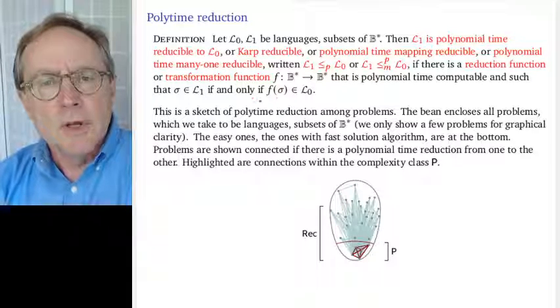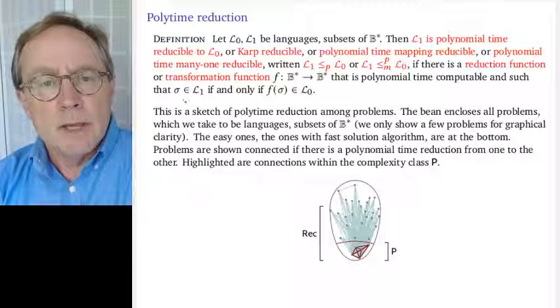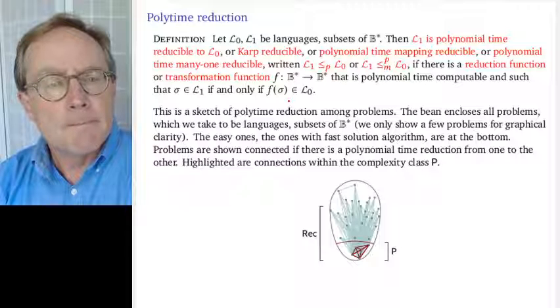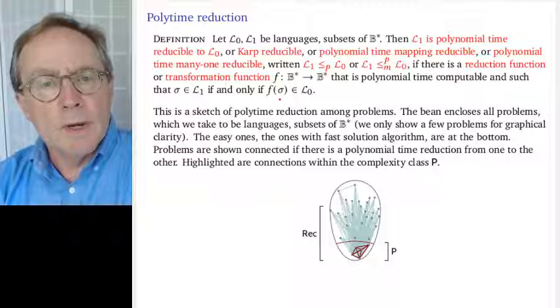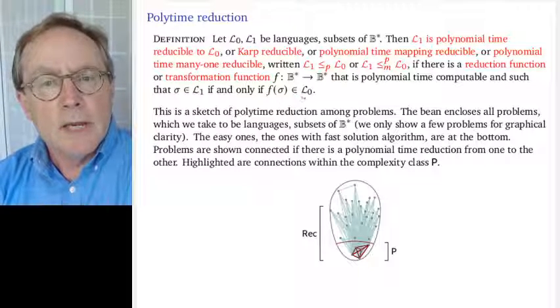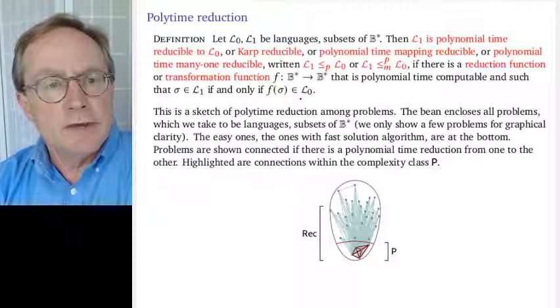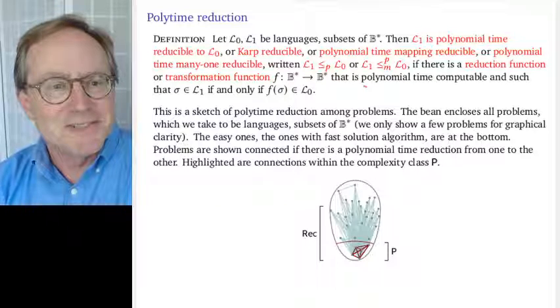So what f does is express the L1 problem in L0 terms. We are rephrasing the L1 question into an L0 question and then just asking the L0 oracle. The rephrasing is required to happen in polytime because we're in chapter 5.